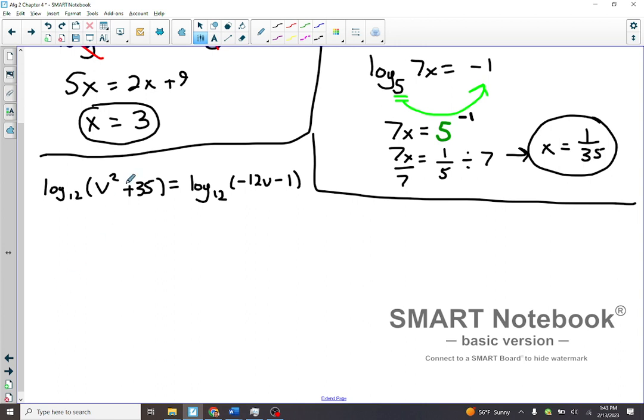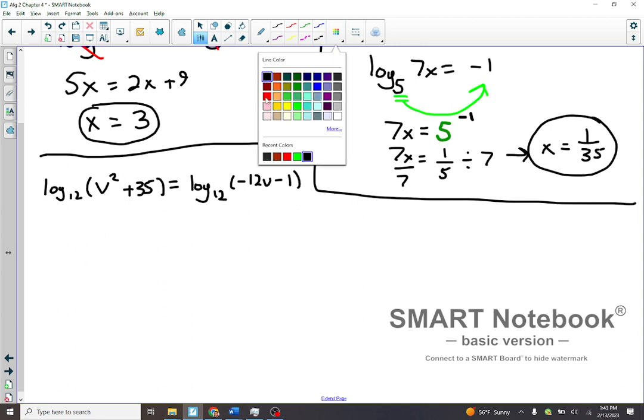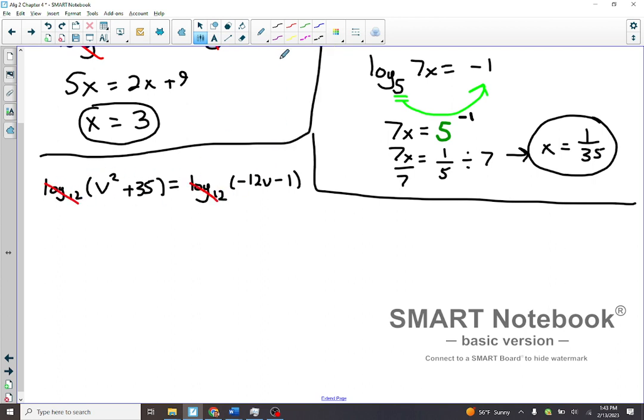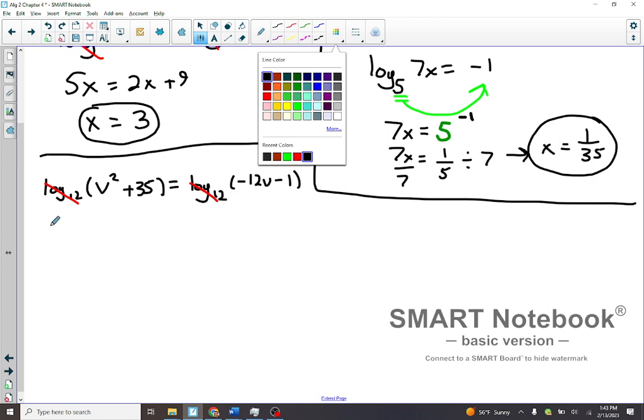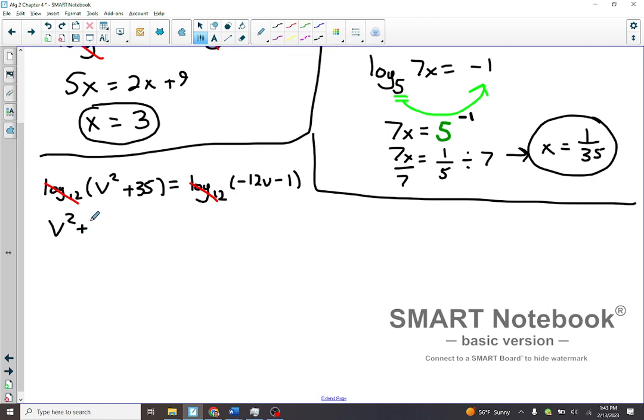For this one, they both have log base 12. So what's beneficial about that? Just cross it out. So then I get v squared plus 35 equals negative 12v minus 1.